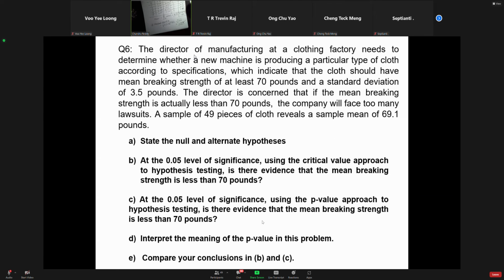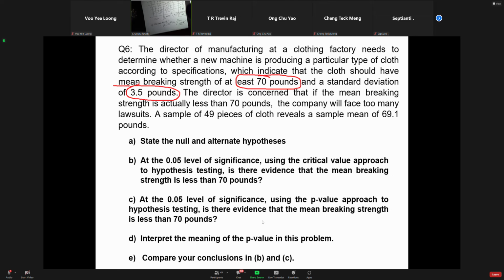The director of a clothing manufacturing factory needs to determine whether a new machine is producing a particular type of cloth according to specifications, which indicate that the cloth should have a mean breaking strength of at least 70 pounds, and a standard deviation of 3.5 pounds.